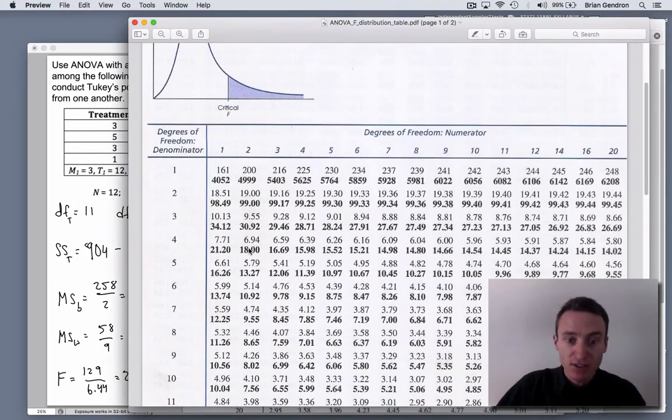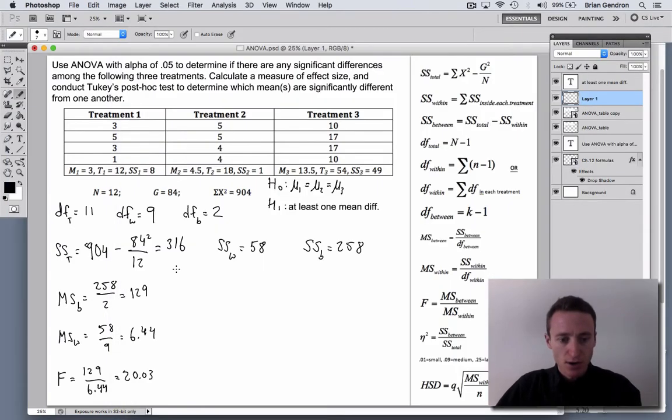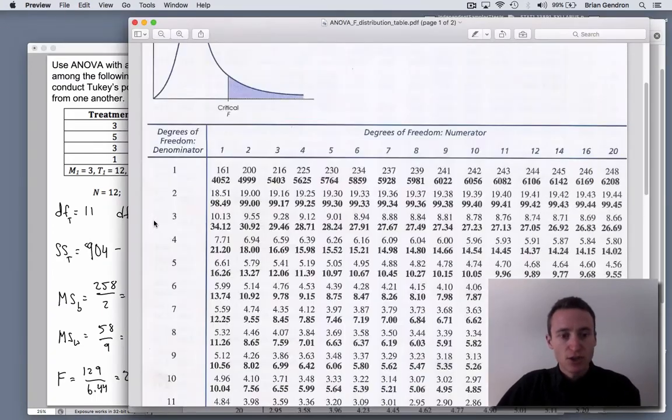So we're going to look at this column, 2. And then over here it says degrees of freedom in the denominator. And that is how many degrees of freedom are within, because the denominator of your F statistic is the within value. So DF within we calculate as 9. So 2 and 9, here's 9, here's 2. They match up right here.